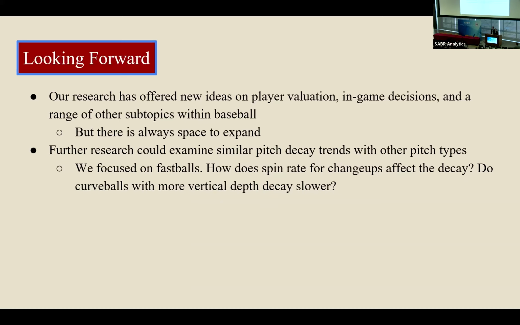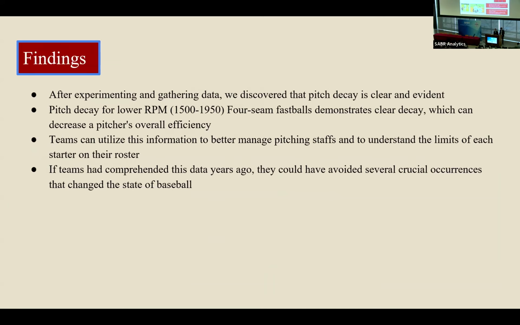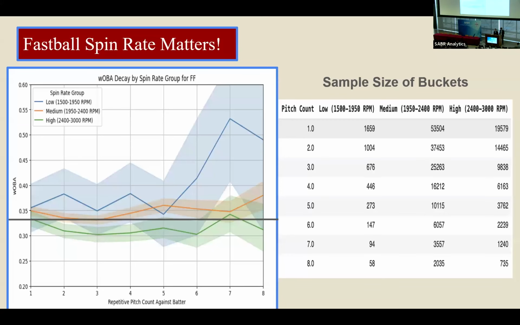So for example, in that one chart that we showed, for the second repetitive pitch, we just had to do a little bit of data wrangling to make sure that batter was facing that specific pitcher in that specific game, and it was that specific pitch type. But other than that, that was the only metric that we created.